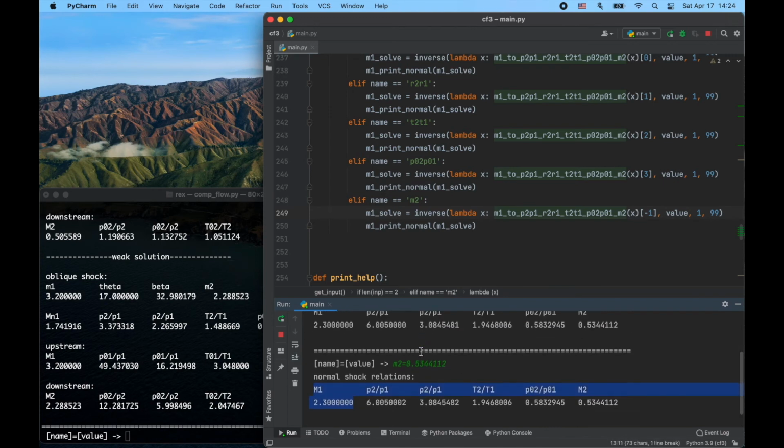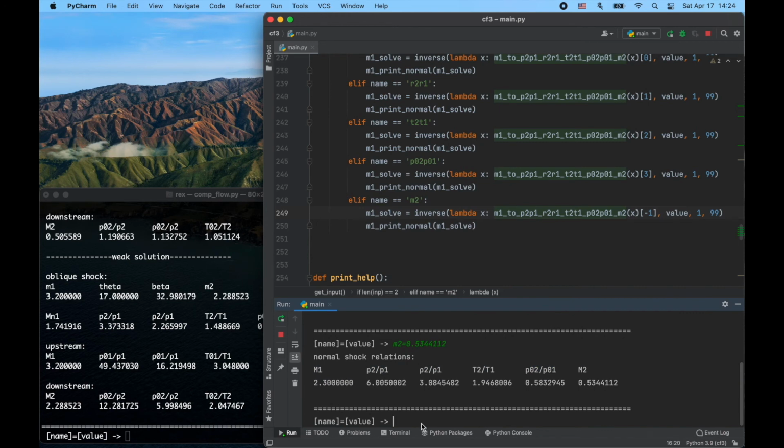Yeah, everything seems to be correct. So maybe P02/P01 equals to, it has to be smaller than 1, right? So 0.8. All right, seems to be correct. This is for normal shock relation. And what next?